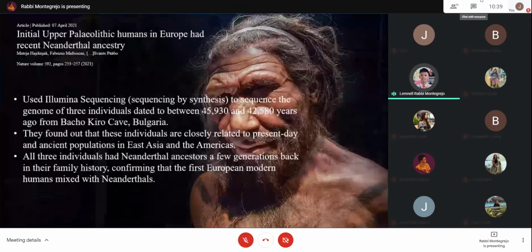So, in this study, they used Illumina sequencing or sequencing by synthesis to sequence the genome of 3 individuals.